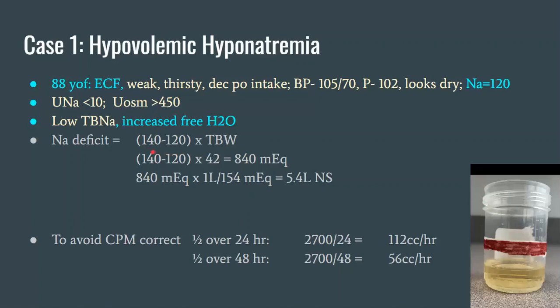And so if we're trying to correct from 120 to a sodium of 140, we would have the difference multiplied by 42 liters of total body water. That would give us 840 milliequivalent deficit. And when we multiply that by 1 liter of normal saline, that has 1 liter per 154 milliequivalents, that product would be 5.4 liters of normal saline.